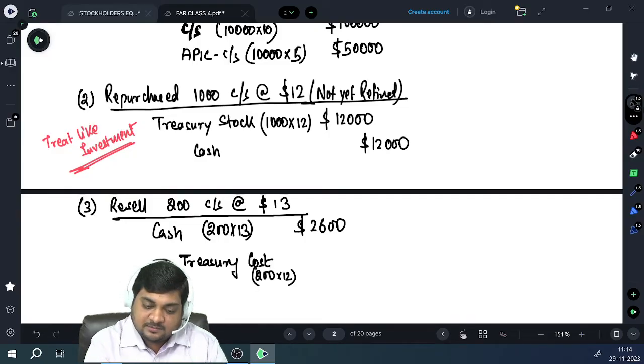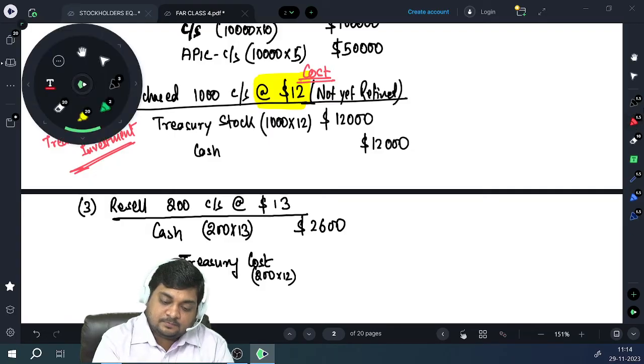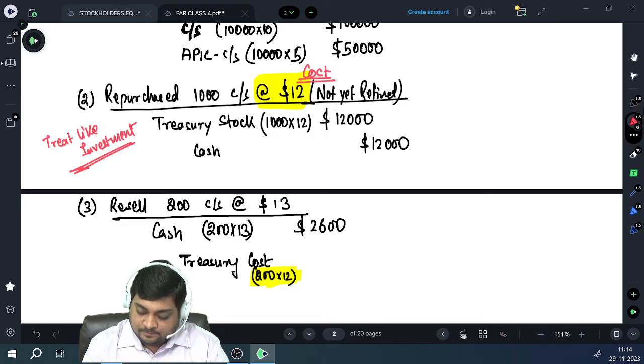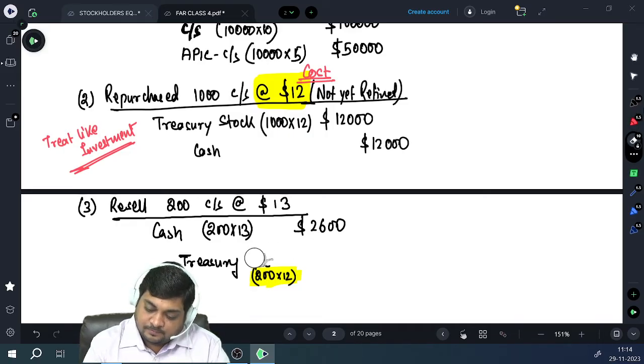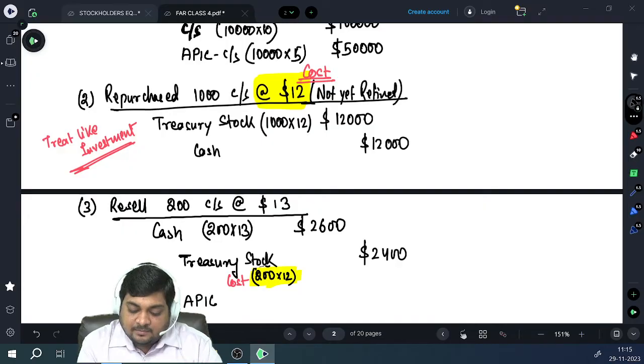This was the cost price, so out will also be at cost. So it is $2,400. The difference is gain.